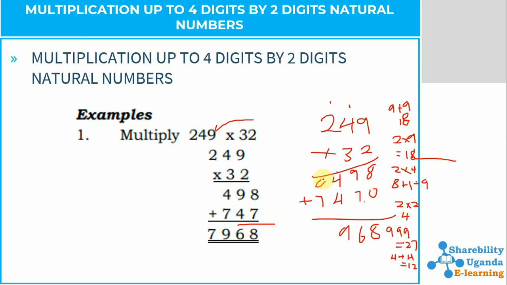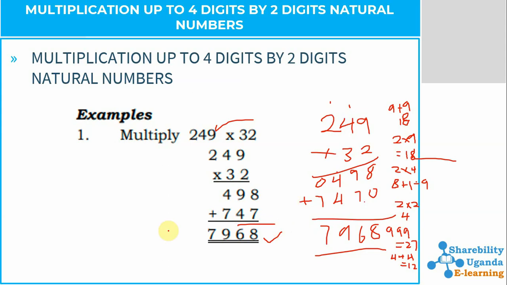Then we have a 0 here also. 0 plus 7 is 7. So this simply means that we shall get our 7,960, which is the same as the number that they got. So in multiplication, that's how we are going to be dealing with these numbers.